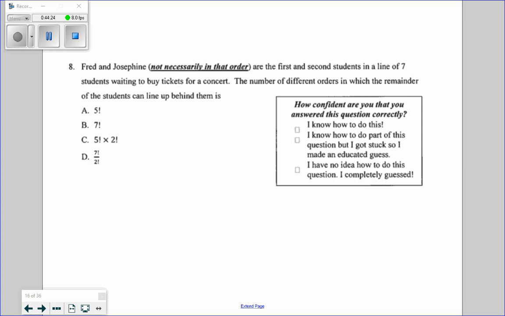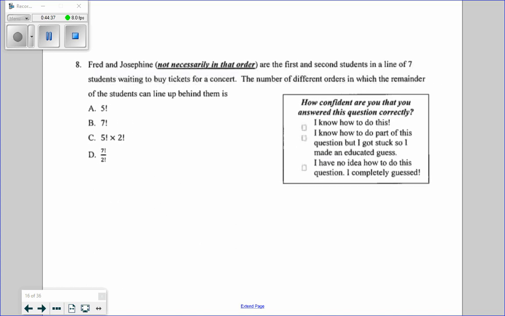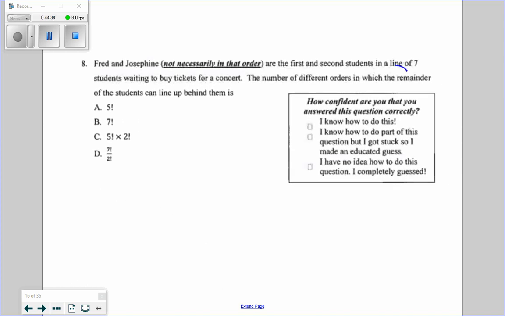So here's my question. Do we even care about Fred and Josephine? No, they are part of the story, not part of the solution. Because the question just says, how many orders are possible for the remainder of the students? We don't care about Fred and Josephine.